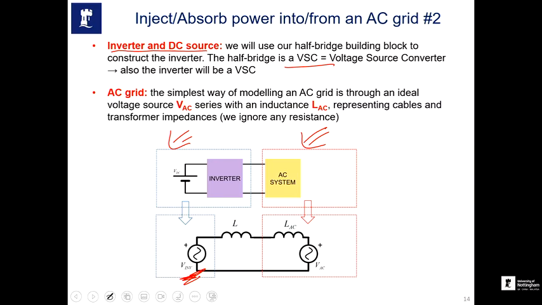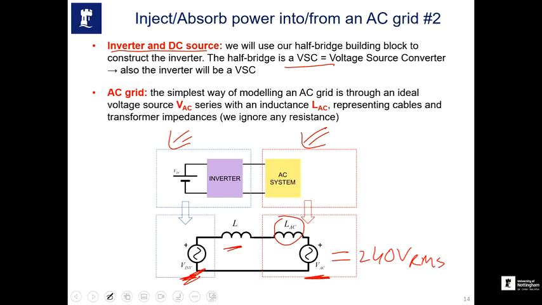So we have the voltage source and a filter inductor. For the AC grid, normally you represent the AC system with an AC voltage source, which is basically 240 volts RMS, plus an inductor, LAC.